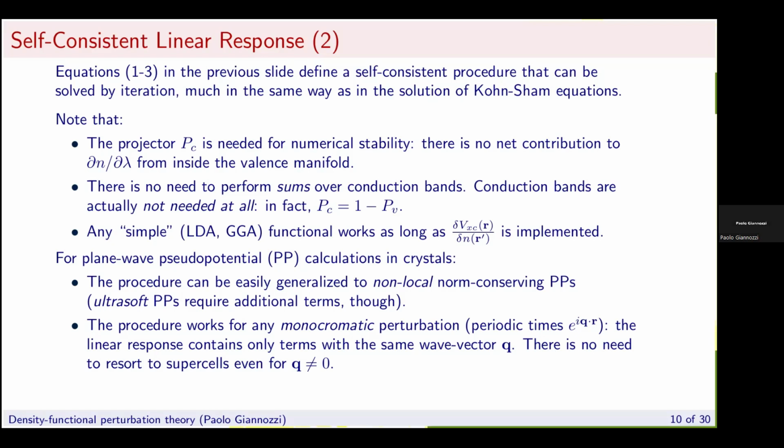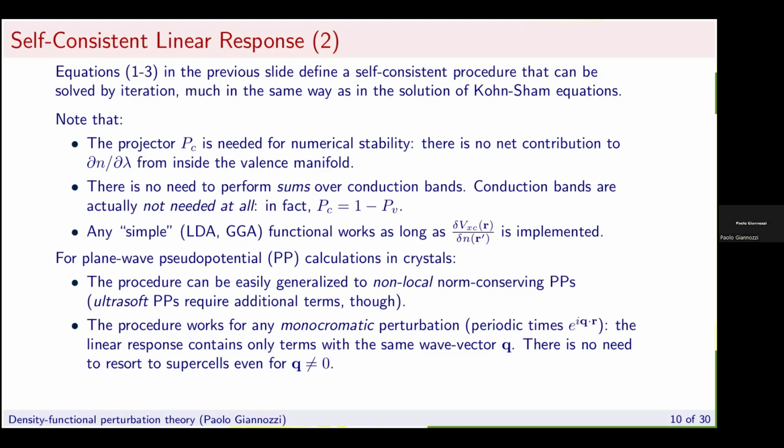So all response functions have the same periodicity, and the consequence of this is that there is no need to resort to a supercell. So we can simply deal with the original periodicity and monochromatic perturbation, without the need to introduce a supercell having wave vector Q as one of the reciprocal lattice vectors.